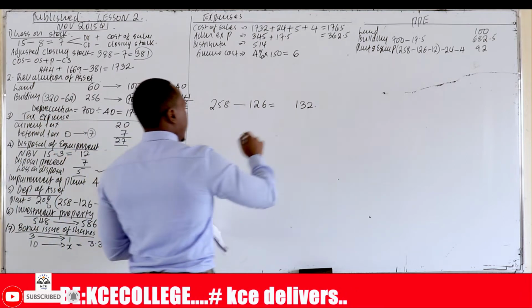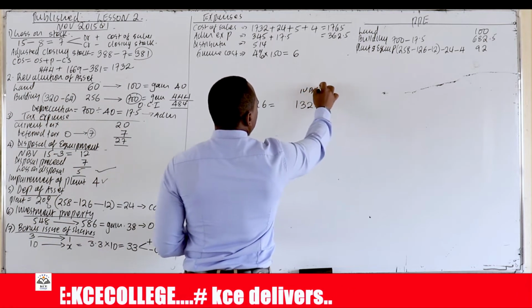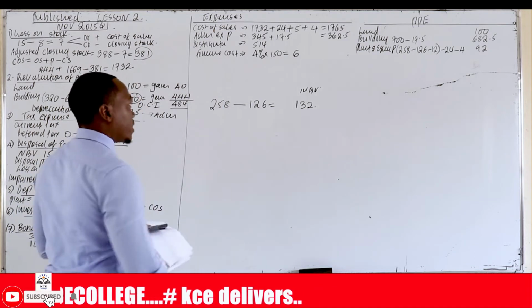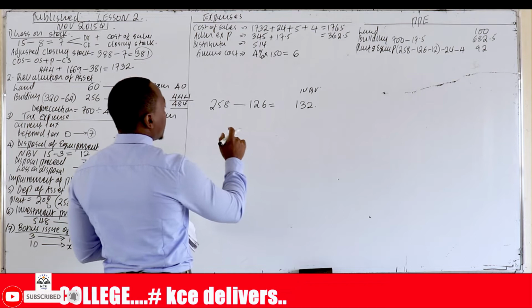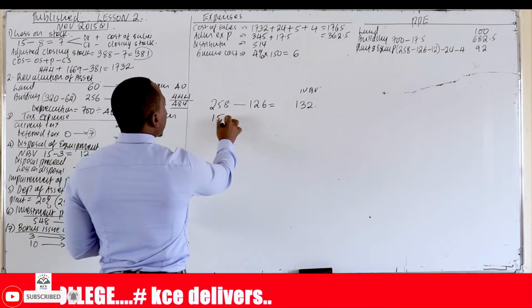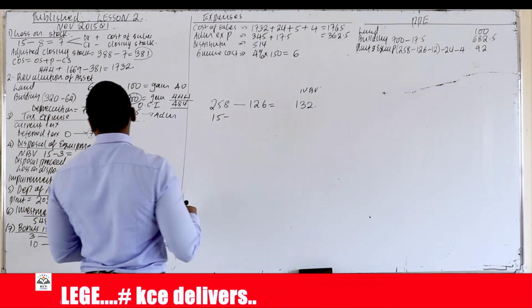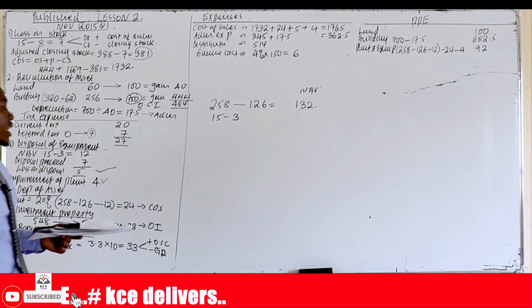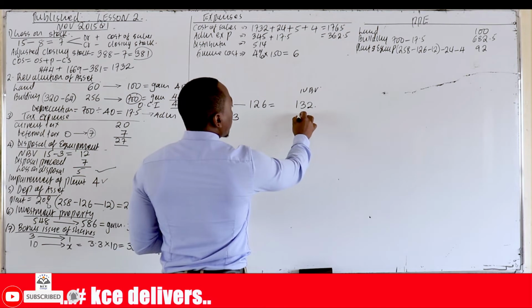That's the net book value. Then, of the asset that we disposed, the cost was 15, but there was accumulated depreciation of 3. So how much was the net book value? The net book value was 12.